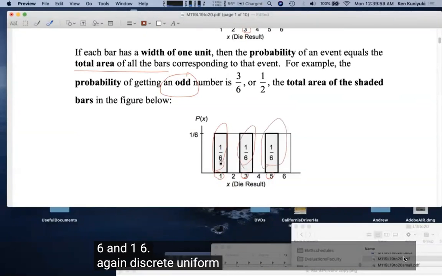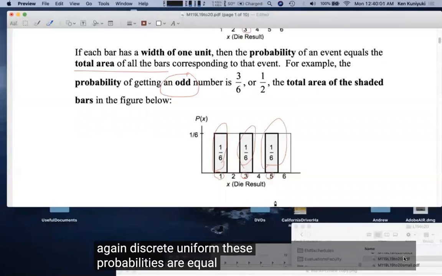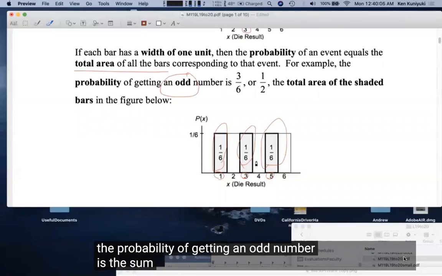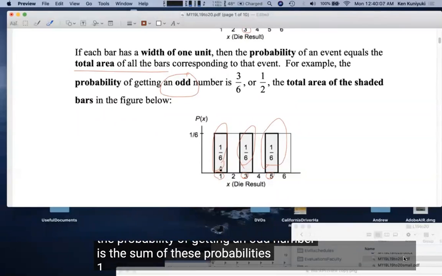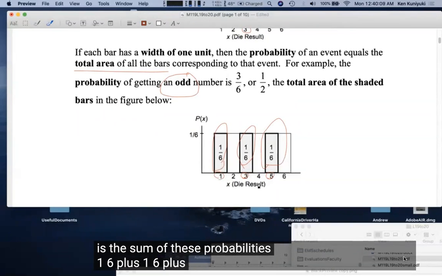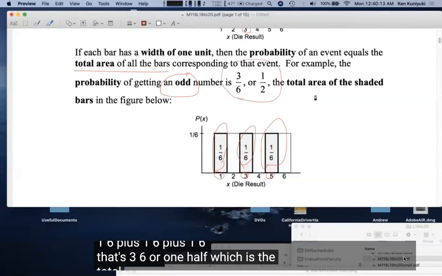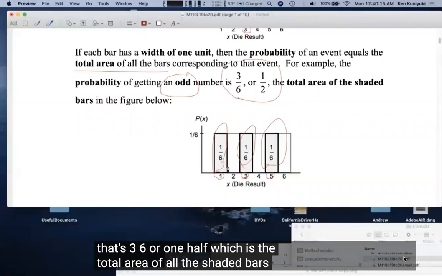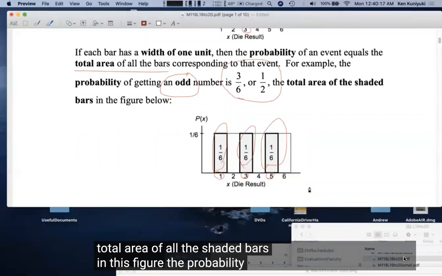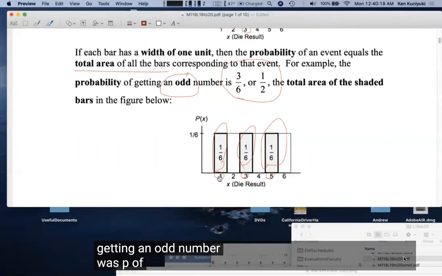Again, discrete uniform, these probabilities are equal. The probability of getting an odd number is the sum of these probabilities. 1/6 plus 1/6 plus 1/6, that's 3/6 or 1/2, which is the total area of all the shaded bars in this figure. The probability of getting an odd number was P of 1 plus P of 3 plus P of 5, 3/6 or 1/2.